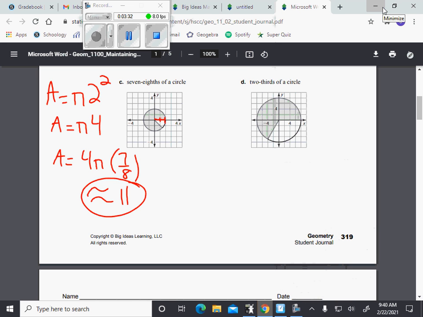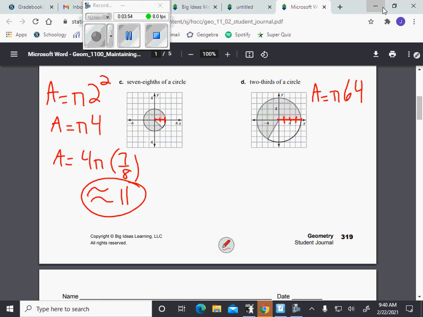Part D says 2/3 of the circle. Well, what's our radius? It looks like it's going by 2's again. We have 2, 4, 6, 8. So our area is equal to pi times 64, right? R squared is 8 squared, which is 64.